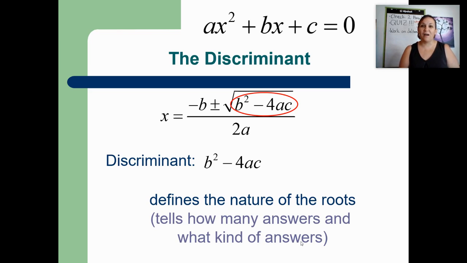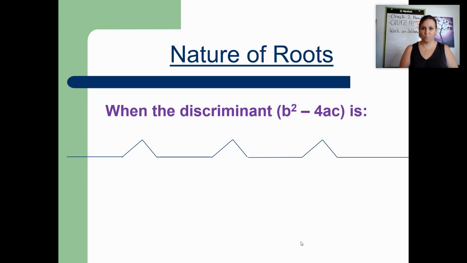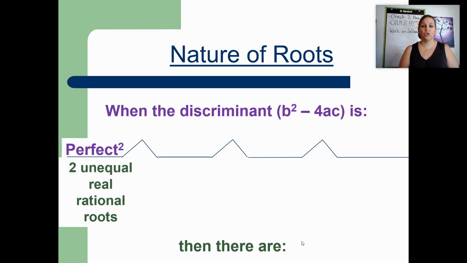Let's make a chart about how to figure out what phrase to use based on the number that you calculate. This chart is similar to our chart for powers of i. So after you've calculated the discriminant, if you get a number that is a perfect square, something that you know the square root of, like 1, 4, 9, 16, 25, 36, then there are two unequal, real, rational roots.